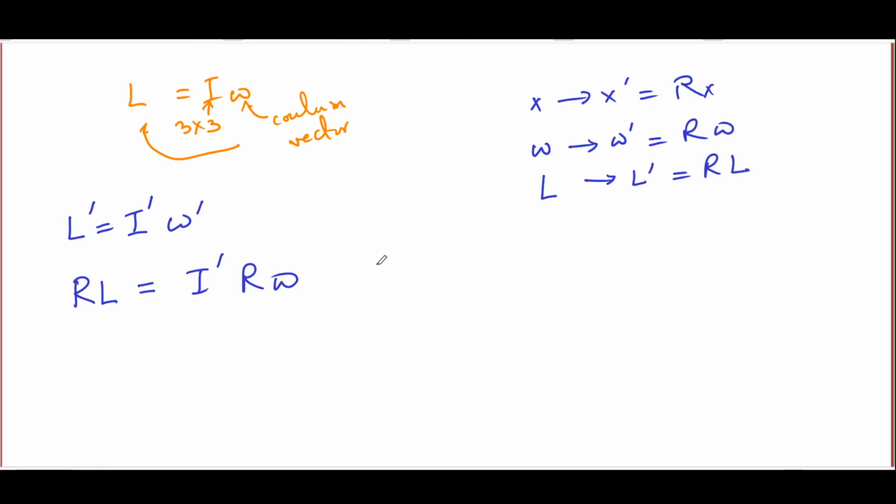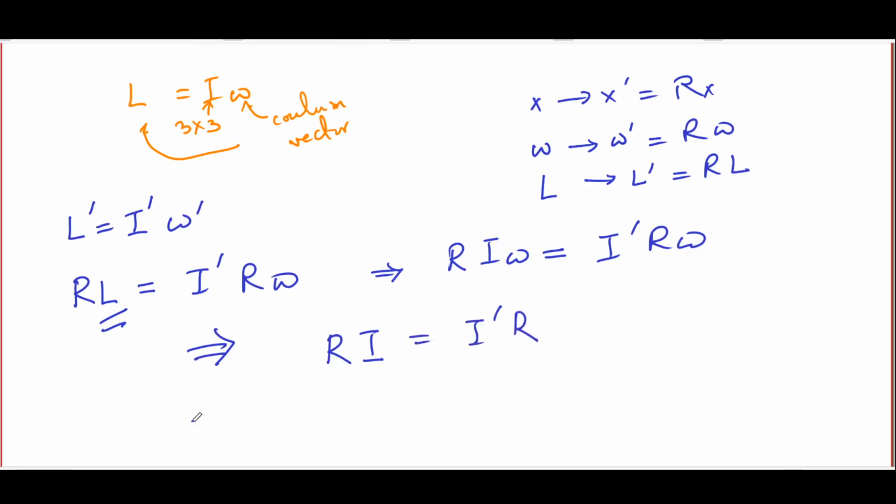Remember, L here is I omega, so R times I omega is I prime R omega. Since this has to be true for all omega, you must have this result, that RI is I prime R.